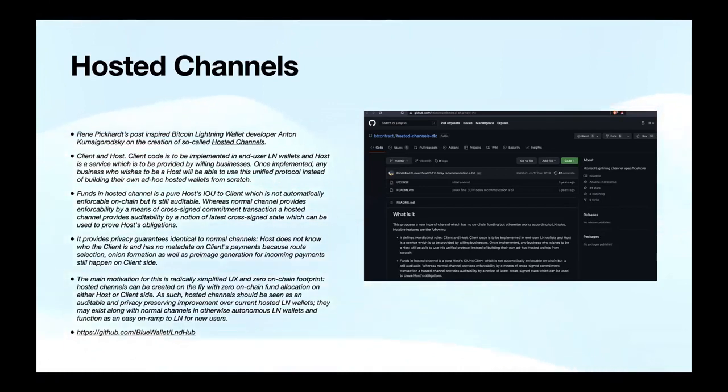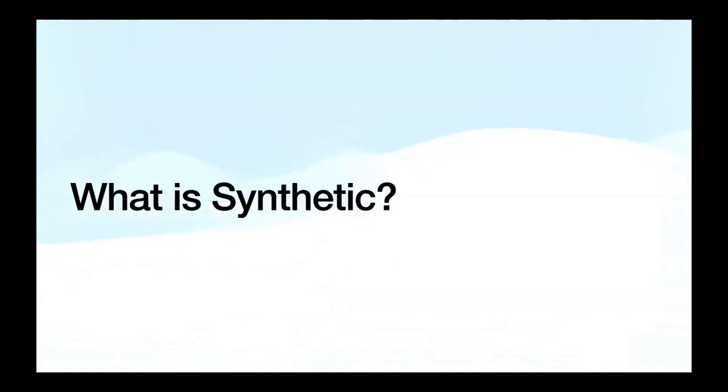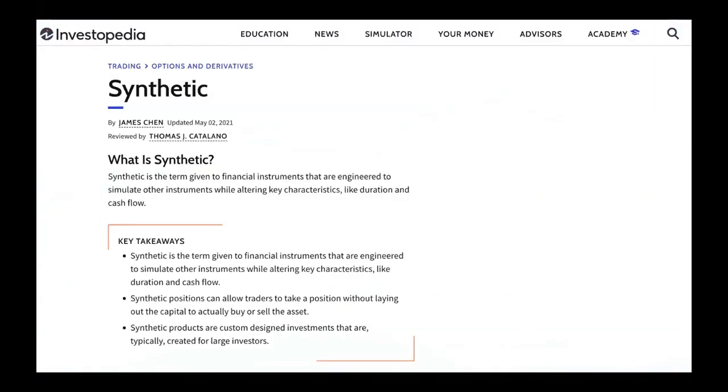You might know Blue Wallet and LNDHub, which is a service for operating hosted channels. Having said that, we have to define what is synthetic. Here there is a definition of synthetic from Investopedia, which says that the term synthetic is given to financial instruments that are engineered to simulate other instruments.